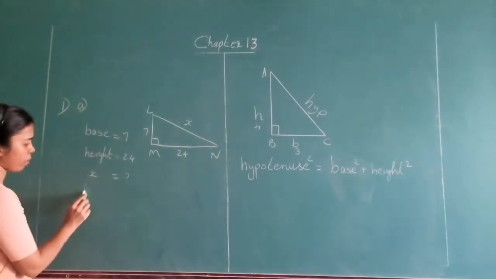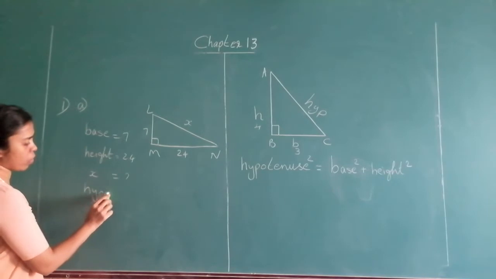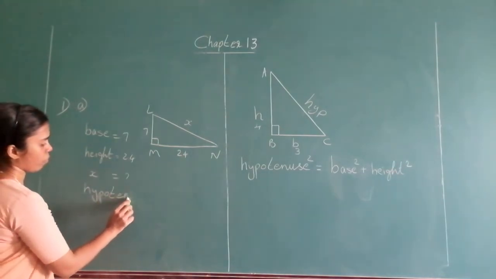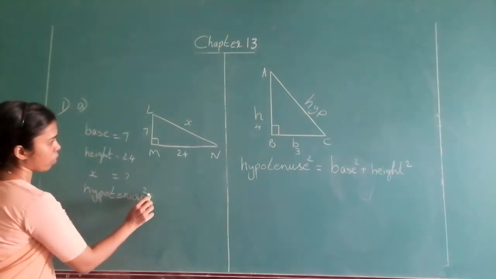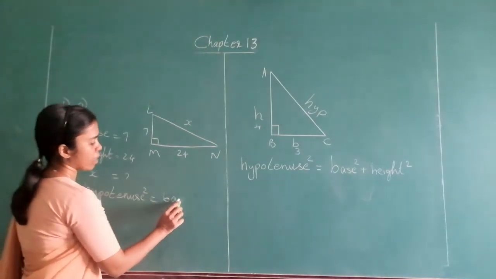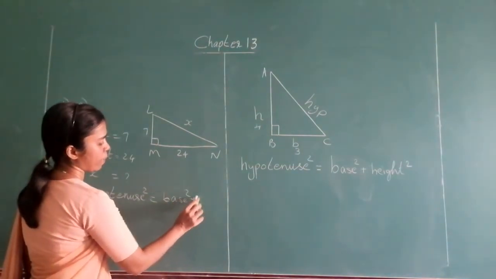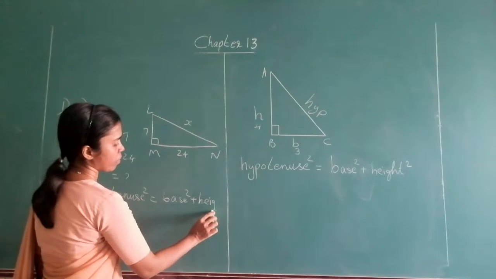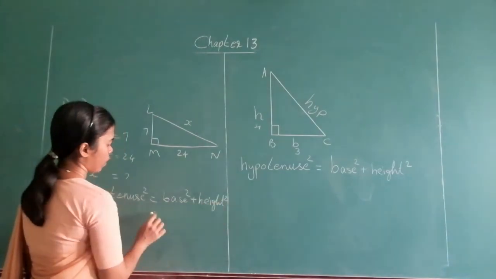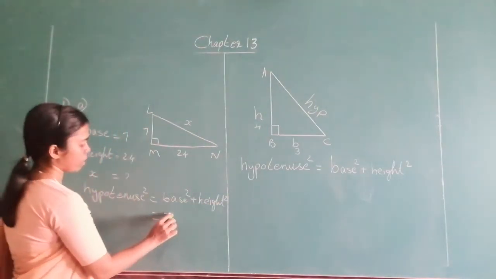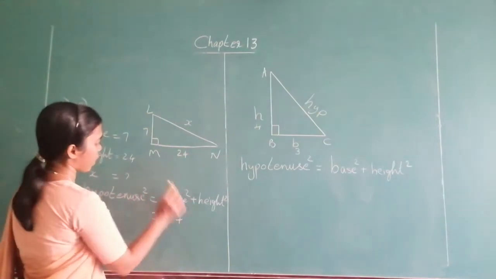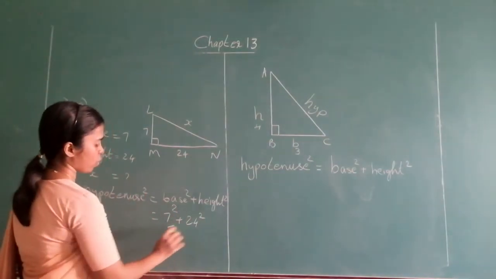So you write the formula. Hypotenuse square is equal to, please learn the spelling well, base square plus height square. That is equal to, how much is your base? 7 square plus height 24 square.